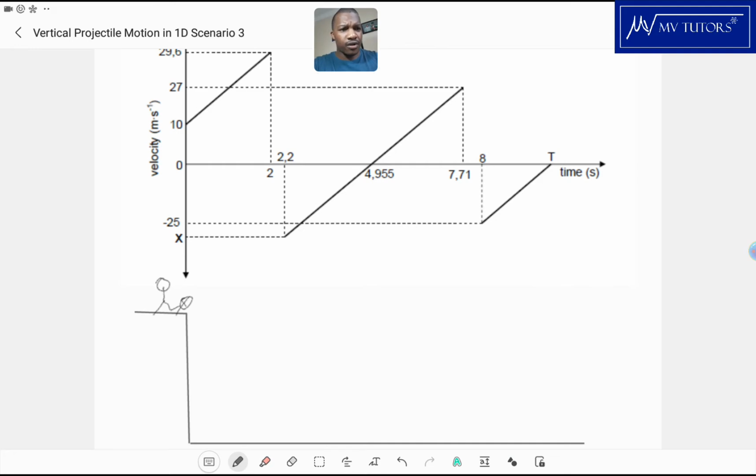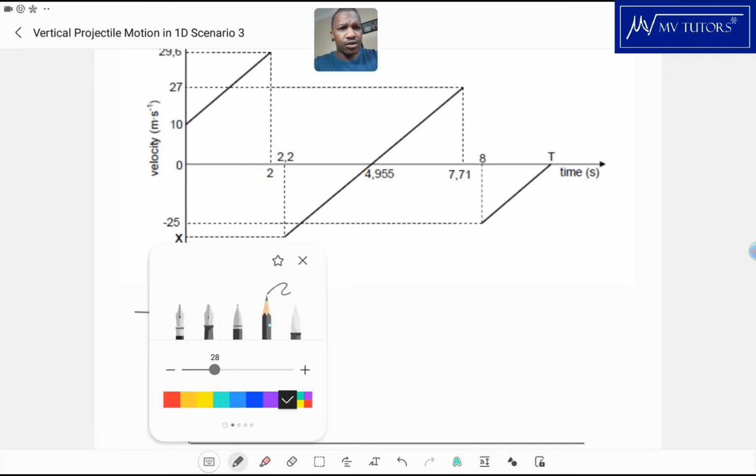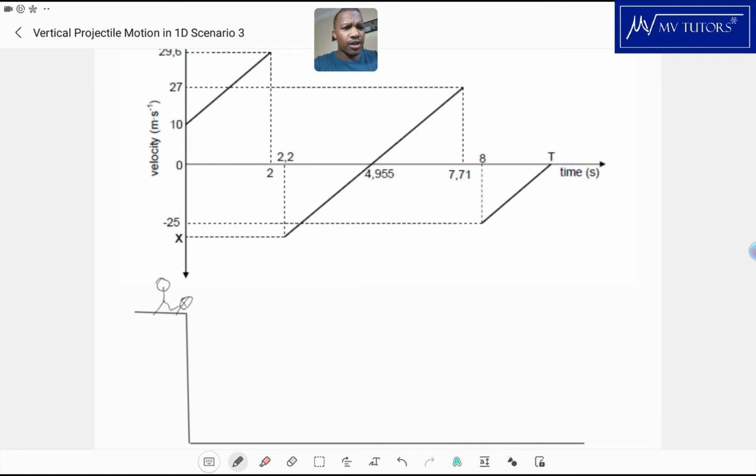Now what I want to do is draw the references that we will need. So we will need this reference here, that straight line there, and then that one too.